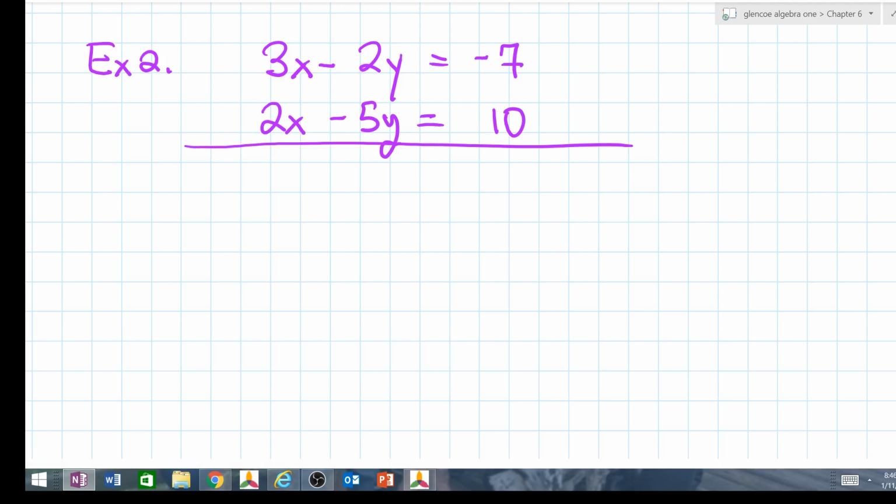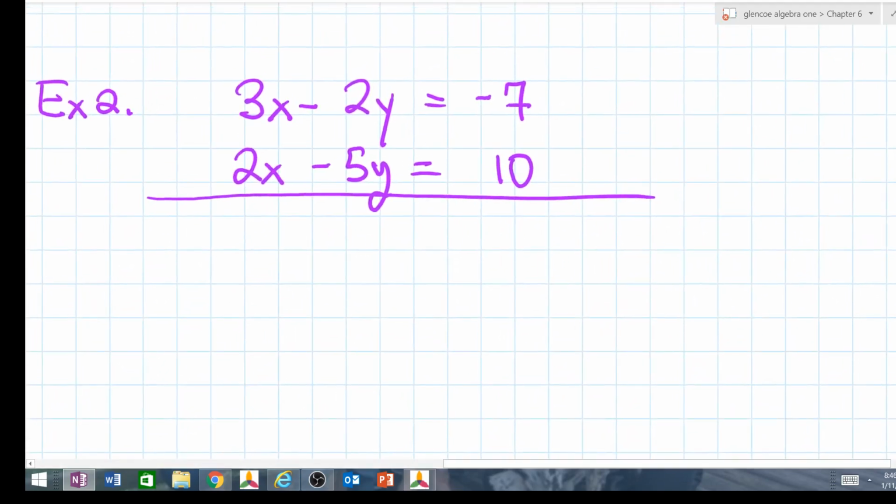Okay, in this particular example, let's look at the x's. Is there anything I can multiply 3 by to get 2? Is there anything I can multiply 2 by to get 3? Look at the y's: is there anything I can multiply 2 by to get 5, or 5 to get 2?